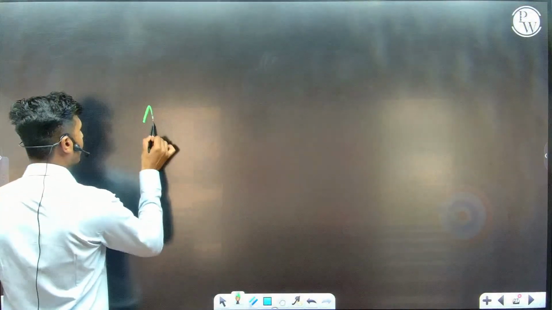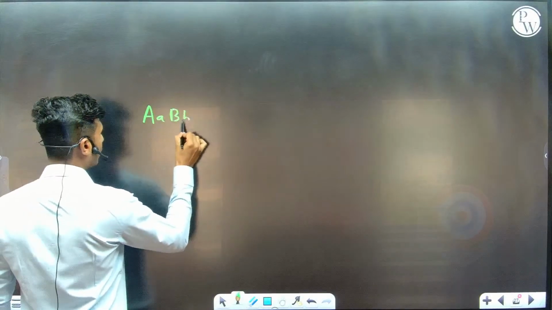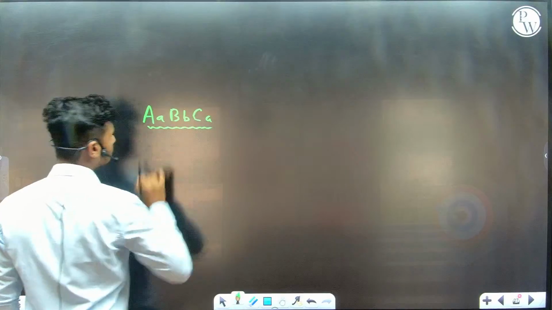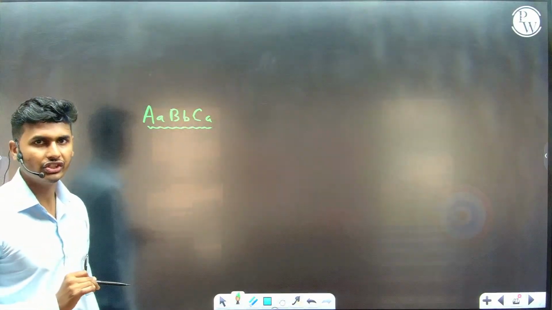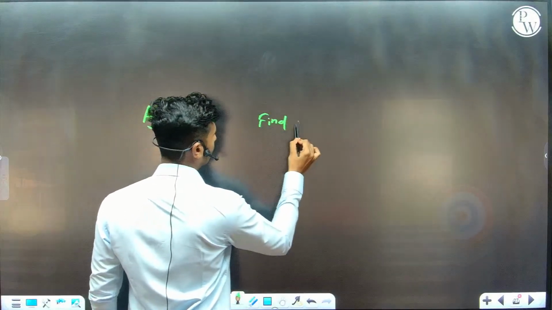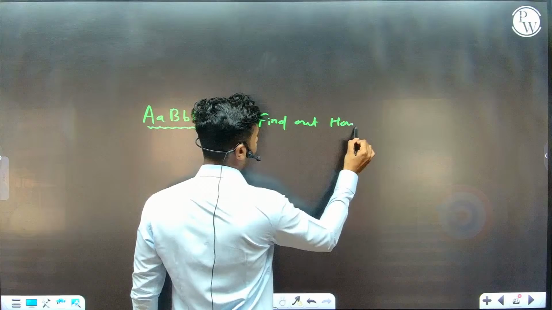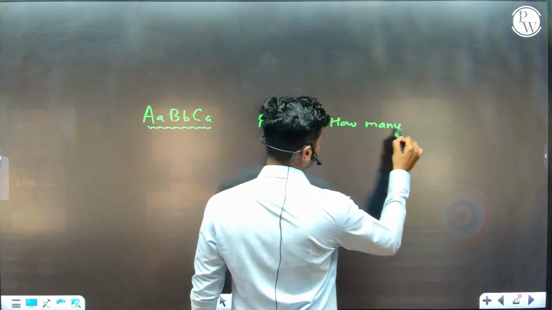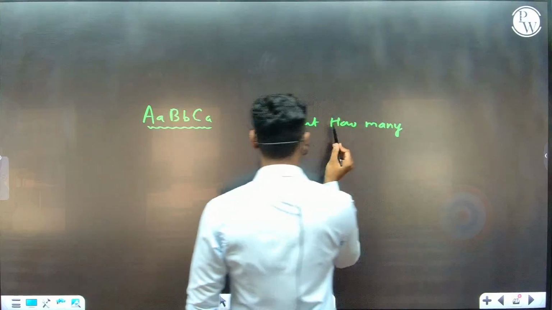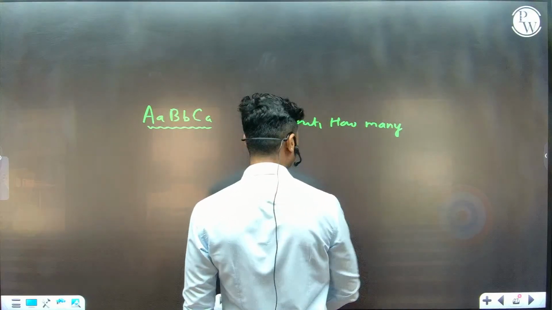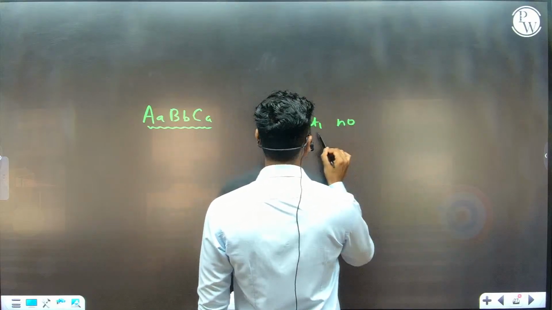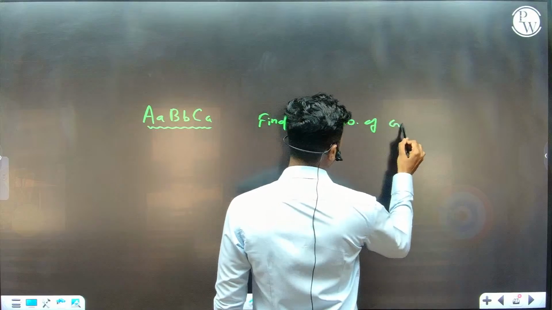If these are the genes, capital A small a, capital B small b, capital C small c, find out the number of gametes.